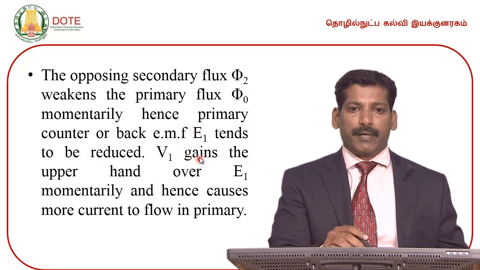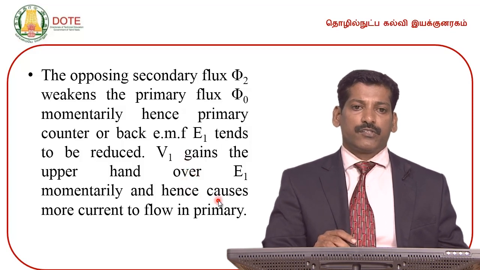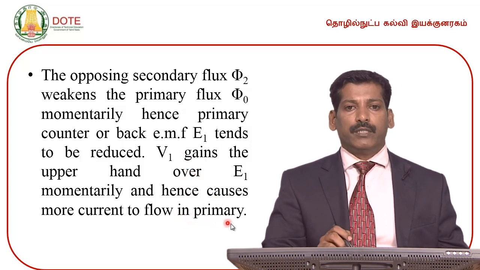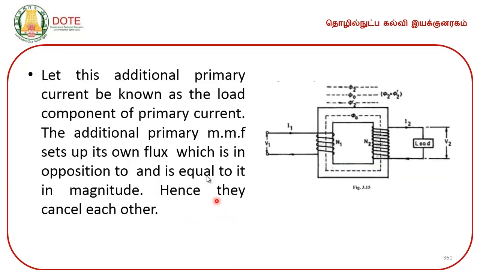V1 gains the upper hand over E1 momentarily and hence causes more current to flow in the primary. Let this additional primary current be known as the load component of the primary current. The additional primary magnetomotive force sets up its own flux, which is in opposition and is equal to it in magnitude. Hence, they cancel each other.